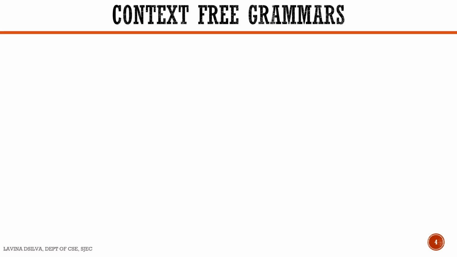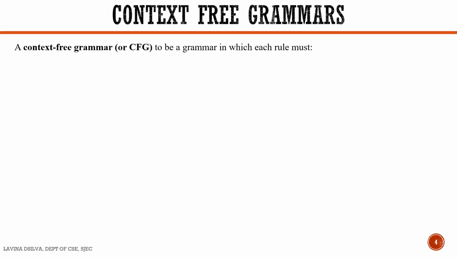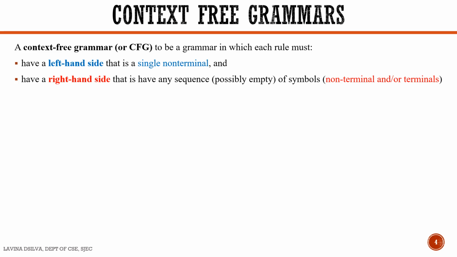Just like a regular grammar, the context-free grammar also has two parts in each of its rules. That is, the left-hand side consists of a single non-terminal, and the right-hand side can have any sequence of symbols, that is, a mixture of non-terminals and or terminals.